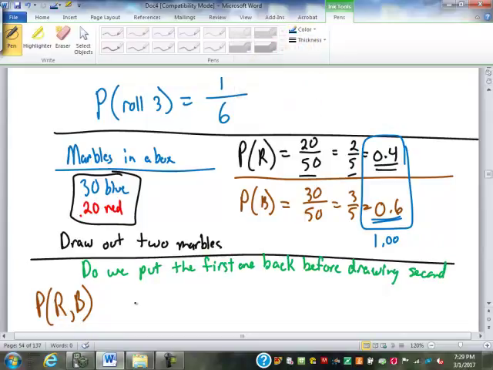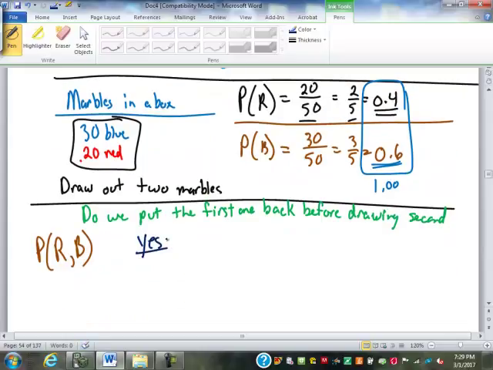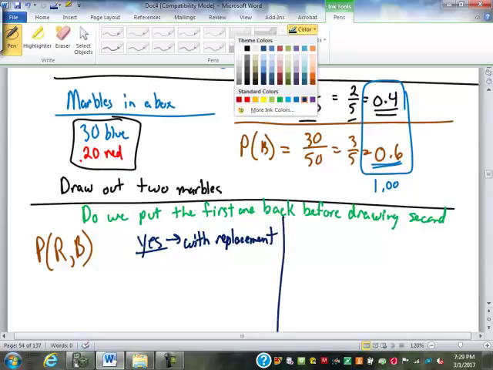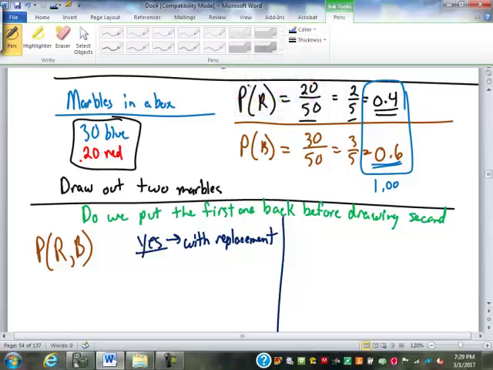What do I mean? Well, if the answer is yes, we put it back. That is what is called with replacement. It's a technical term. You really don't need to know the term, but we put it back. We replaced it. If we replace that marble, what is the probability of drawing that first marble red? 20 out of 50, right? Or 0.4. Now we put that first marble back.